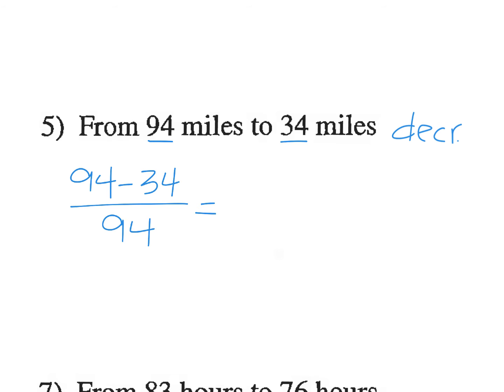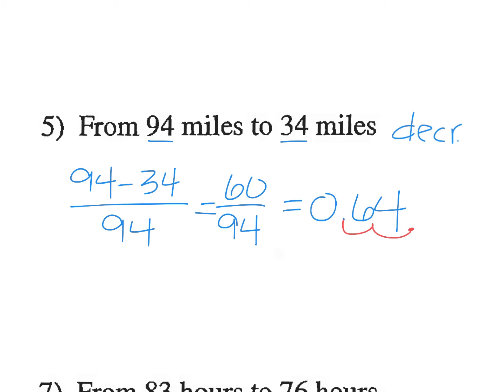So 94 minus 34 I know is 60 divided by 94. I'm going to put into my calculator 60 divided by 94. And I round it to the nearest hundredth, so I get 64 hundredths. And then remember we need to make that a percent, so we go to the right 2.